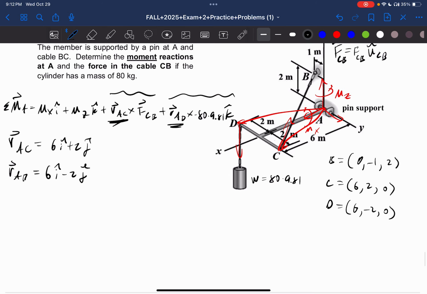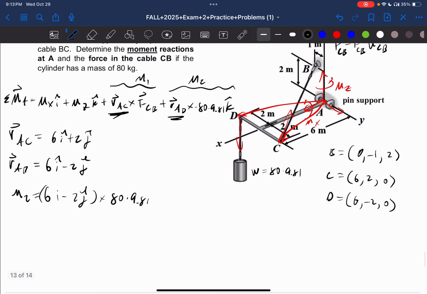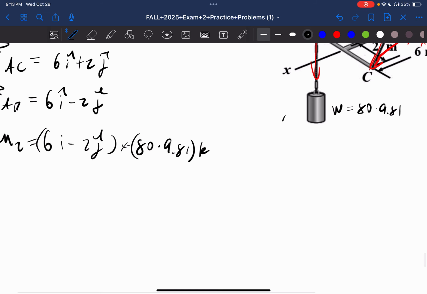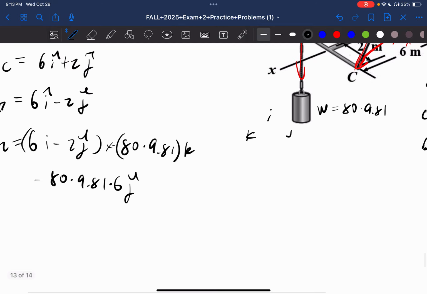Let's call this M1, M2. M2 is going to be equal to 6i minus 2j cross 80 times 9.81 in the negative k direction. So i cross k is going to be negative j. So it's going to be 80 times 9.81 times 6 in the negative j direction. And then we're going to have -2.